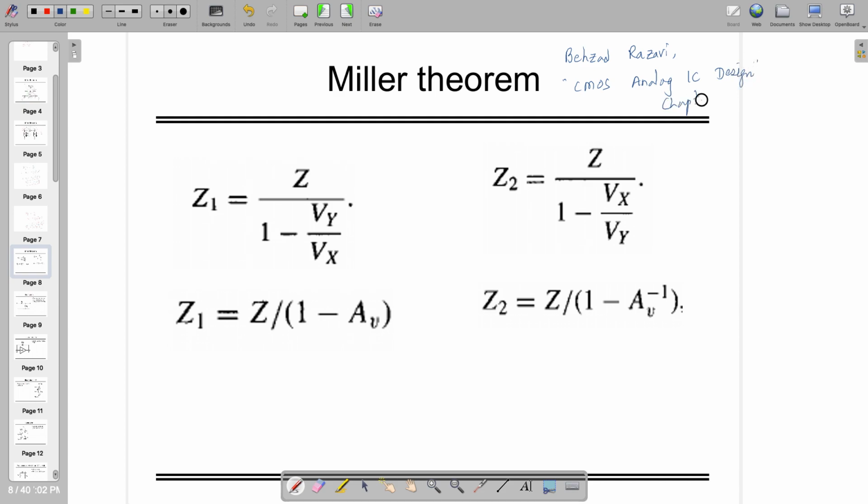Chapter number 6, which is actually talking about the frequency response. Now, we have two decomposed equations, Z1 and Z2.